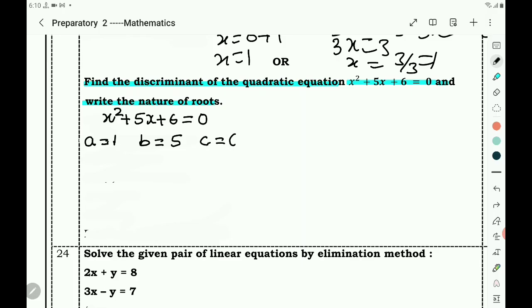c equals 6. Discriminant is b square minus 4ac, equals 5 square minus 4 into 1 into 6. In the place of b, write 5 square. Write minus as it is, 4 as it is, a value is 1, c value is 6.